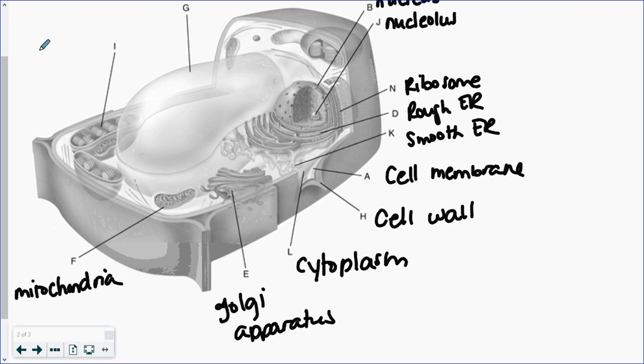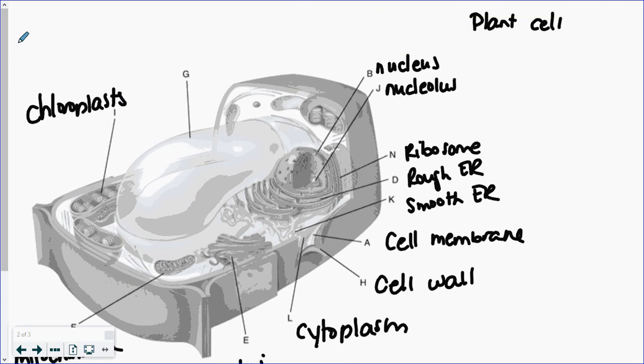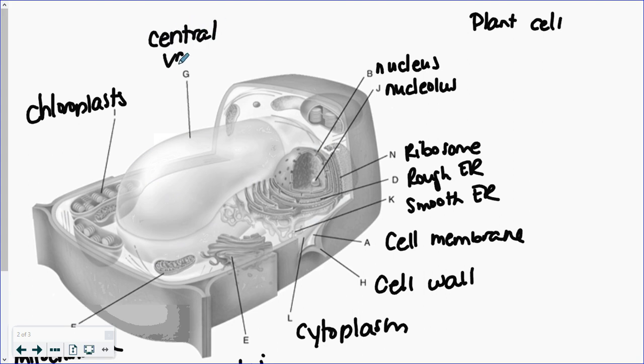I, you see, is not on the other one. It's the chloroplasts. And G, on the other page we just had vacuole. In plants it's a little bit different. It's called the central vacuole. There's a big central vacuole in plant cells.